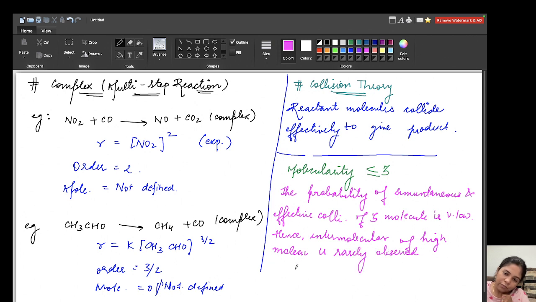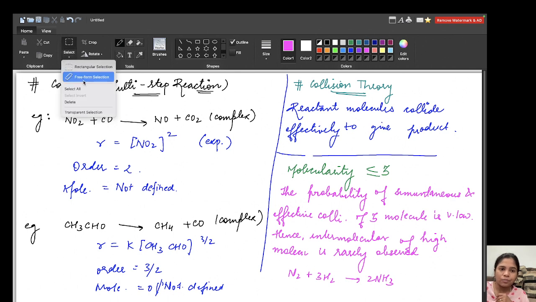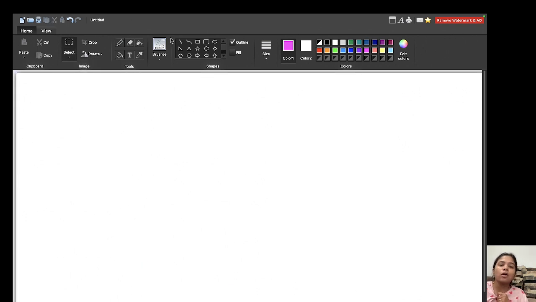For example, if you have the reaction N2 plus 3H2 giving you 2NH3, you might feel that the molecularity is 4, but no, this is not 4. Maximum only 3 molecules can collide with each other. So this is about your molecularity and order of reaction.